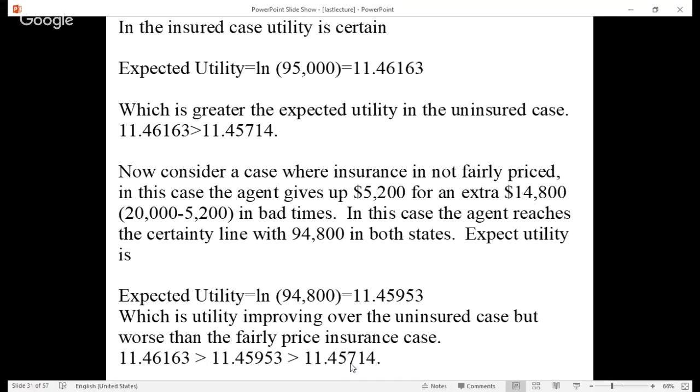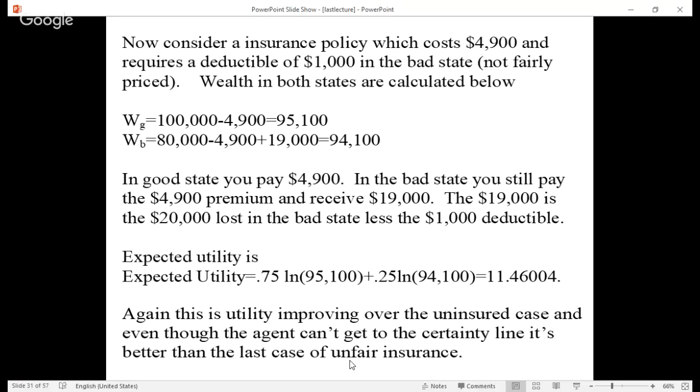And finally, suppose that instead of the insurance company charging extra, when you end up in the bad state, you have to pay a deductible. So in this case, instead of paying $5,000, I pay $4,900.